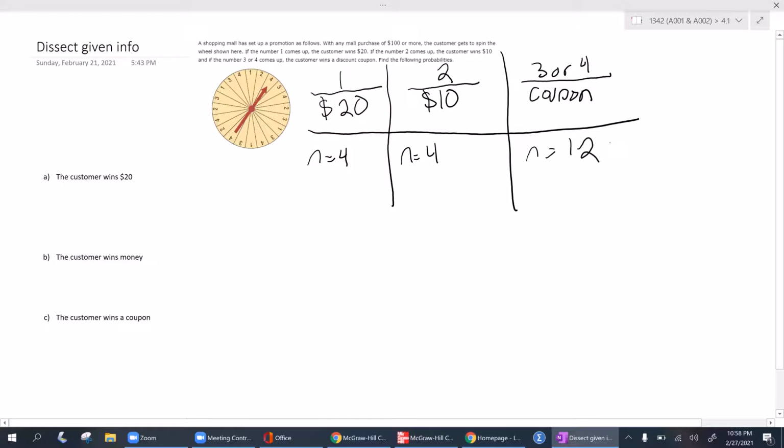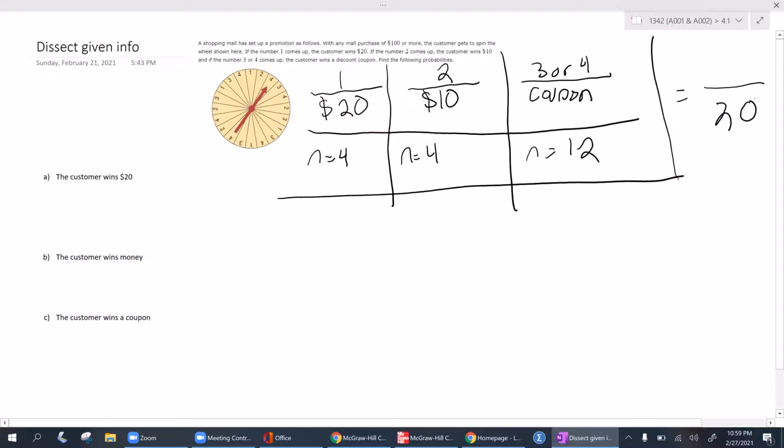All right. So one thing that I want to get is, what is my total options, right? I'm going to be dealing with a fraction here eventually, all right? I'm going to be dividing these by a certain number. In other words, you're going to add these frequencies. It's 4 plus 4 plus 12. So in other words, a total of 20 outcomes, right? There's a total of 20 outcomes, all right?